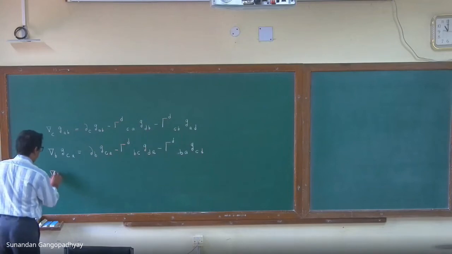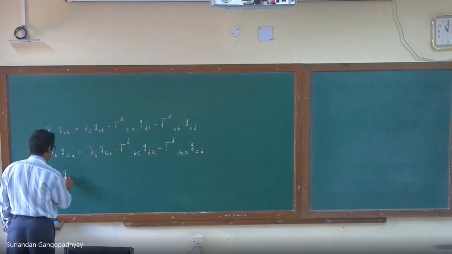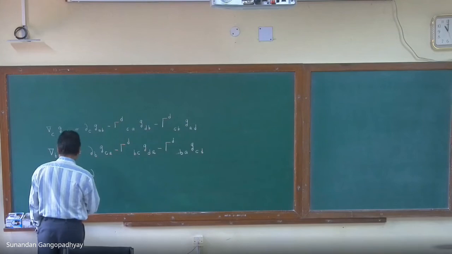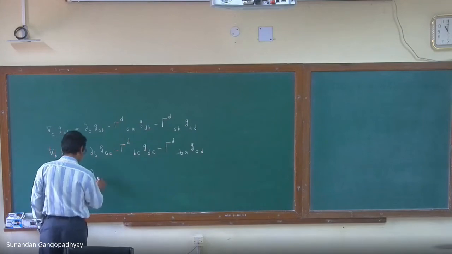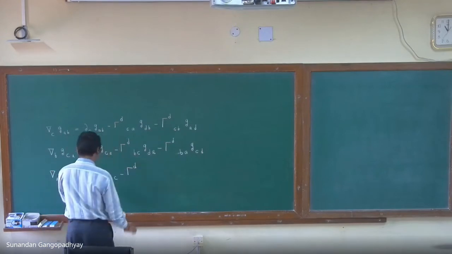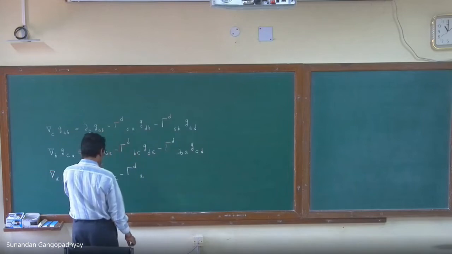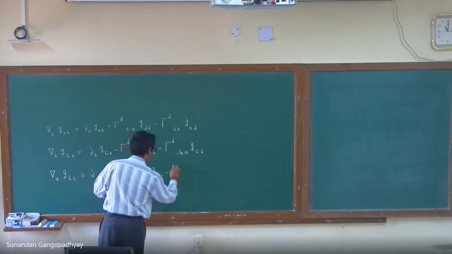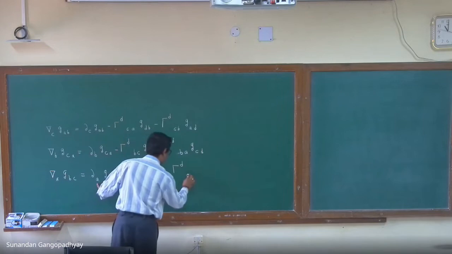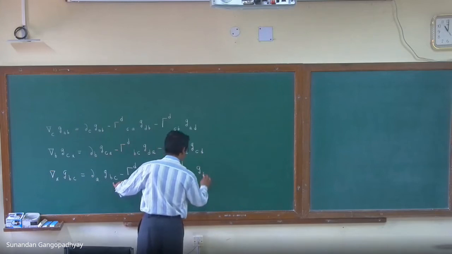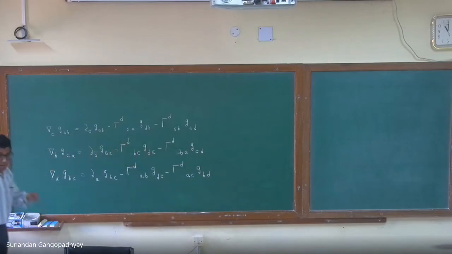Then the last one, where A is equal to del A, comma B. You just write down the three covariant derivatives in this form.